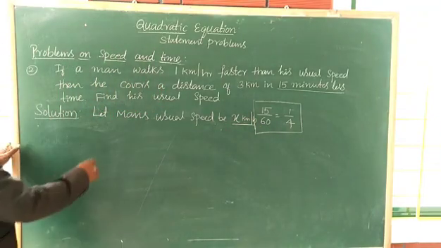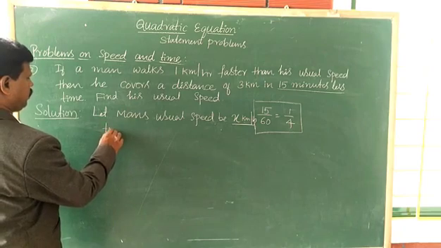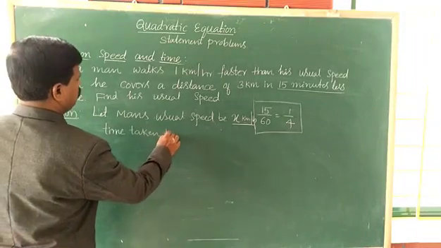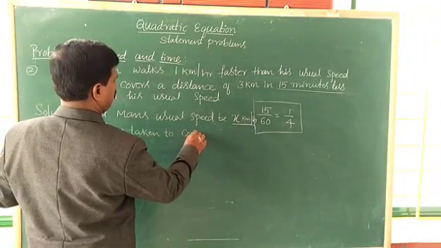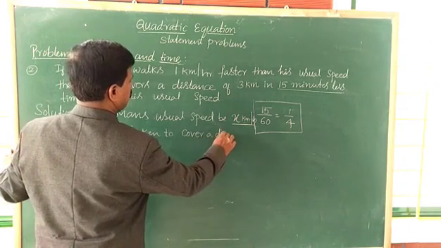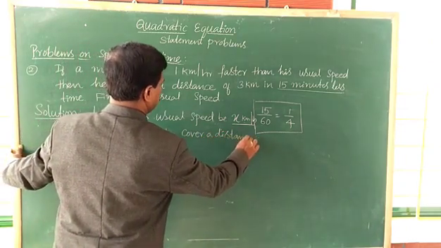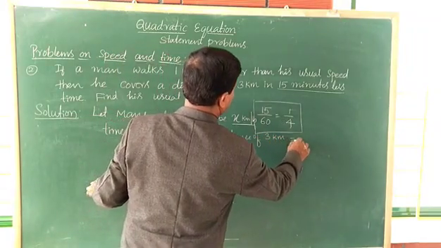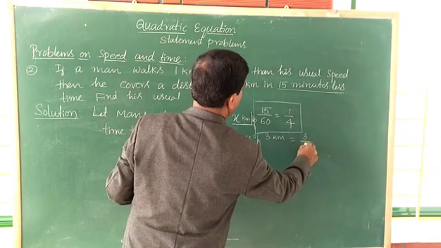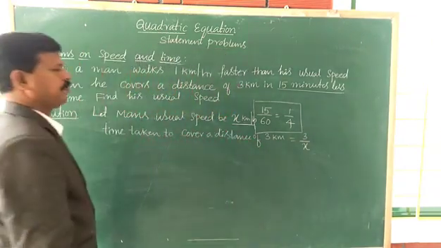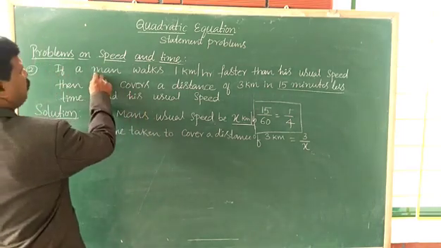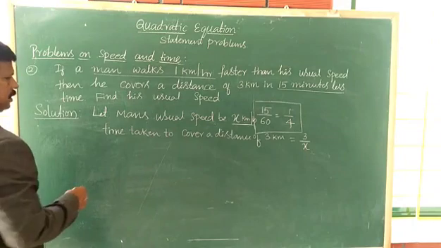Then time taken to cover a distance of 3 kilometer is equal to 3 by x, that is d by s. T is equal to d by s. Now man walks 1 kilometer per hour faster.